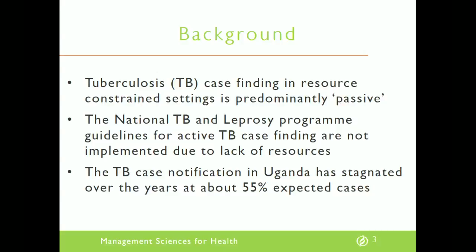And so this really necessitates different approaches or additional interventions to be able to identify the case deficit. The program has active TB case finding guidelines, especially contact investigations, but these are not routinely or widely implemented in the country, probably due to limited resources.